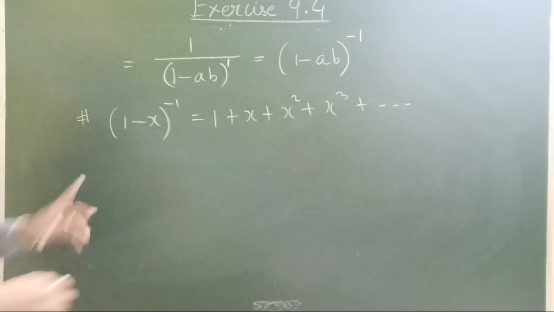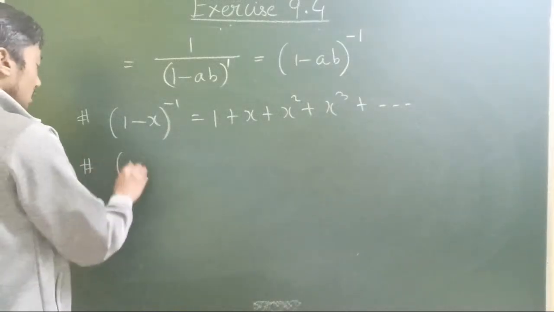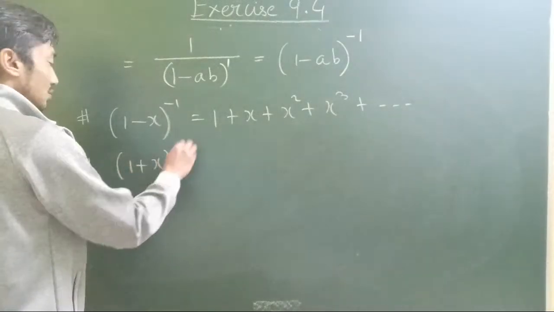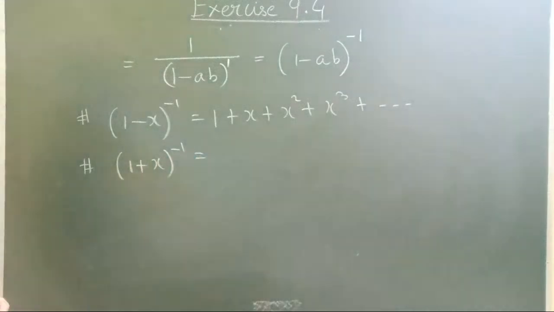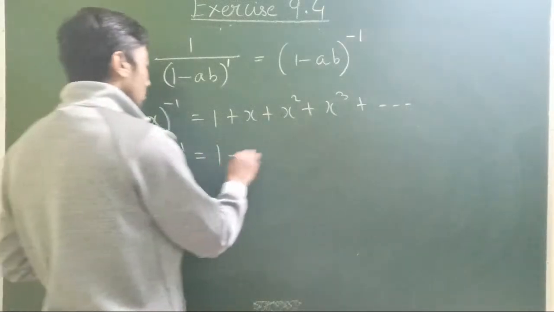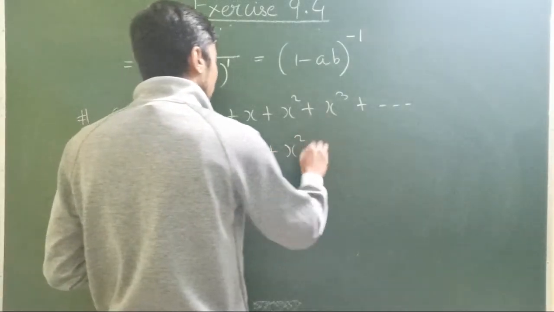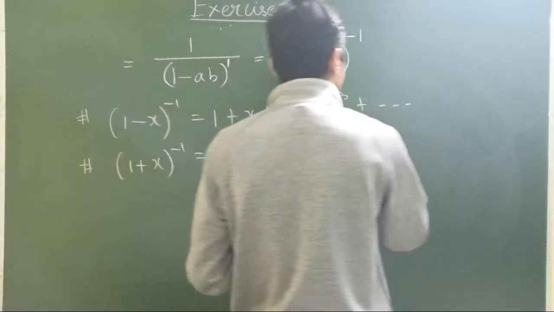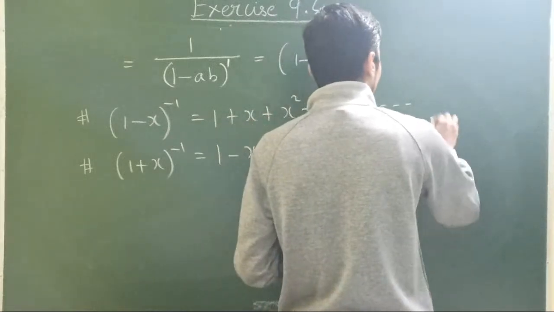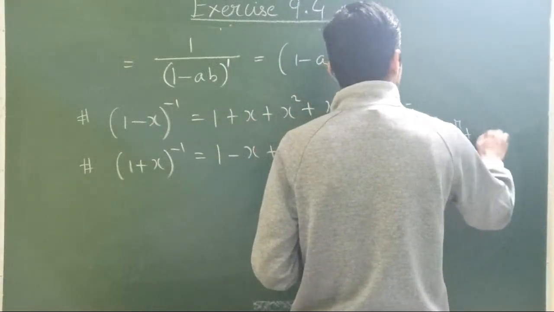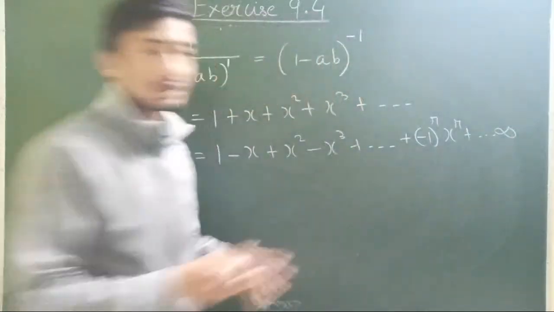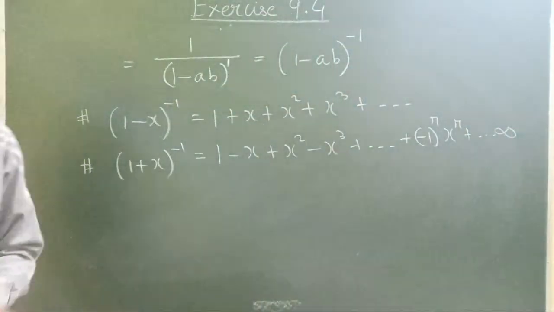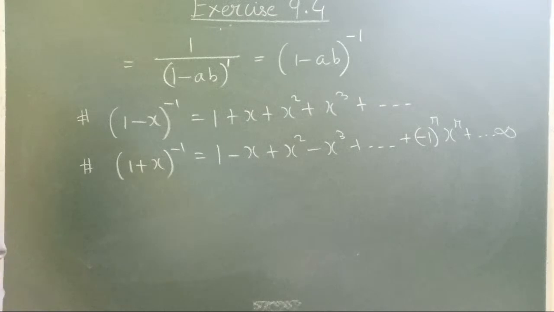And similarly, 1 plus x whole power minus 1, that also you might need, I'm just giving it to you, will be 1 minus x plus x squared minus x cubed plus dot dot dot plus minus 1 whole power r x power r dot dot dot up to infinity. That goes on like that alternately, minus plus minus plus, it goes on.